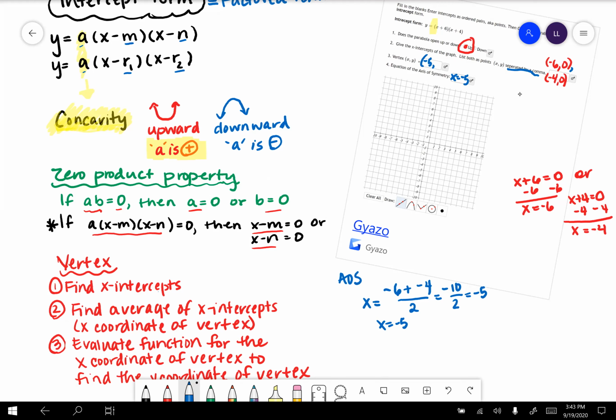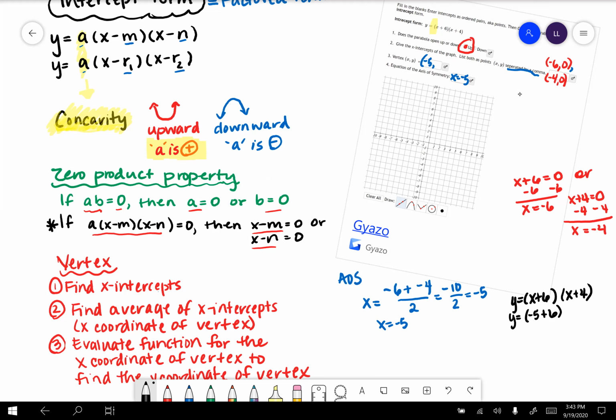Now we're going to take that value and evaluate it in the function to find the y-coordinate. So everywhere I see an x, I'm going to put in negative 5. So y is equal to (x plus 6)(x plus 4), and I'm going to substitute negative 5 for every x value.